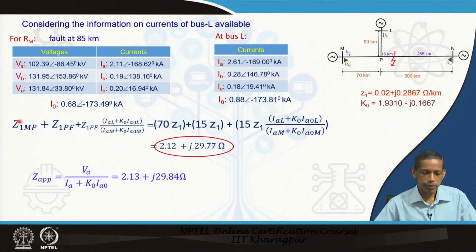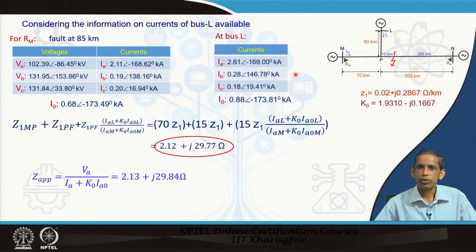So, we have already derived this for the phase A to ground fault: Z 1 MP plus Z 1 PF plus Z 1 PF into I L upon I M plus K naught I naught. So, in this relation, if we substitute these currents and the different impedances, then we got the corresponding impedance to be 2.12 plus j 29.77 ohm, and that is what we got from the Z apparent impedance calculation V A upon I plus K naught I naught. So, this shows that our Z apparent impedance calculation is correct.